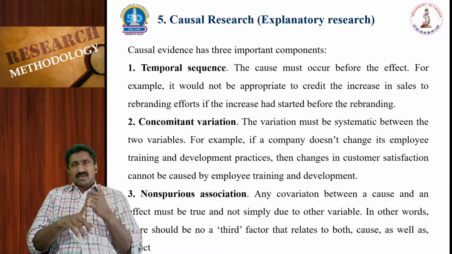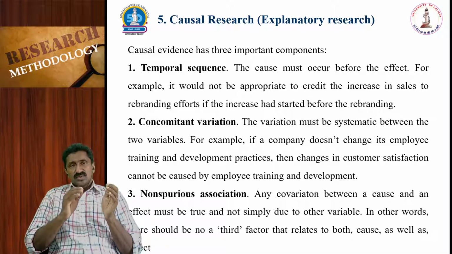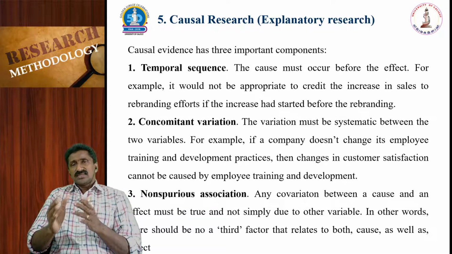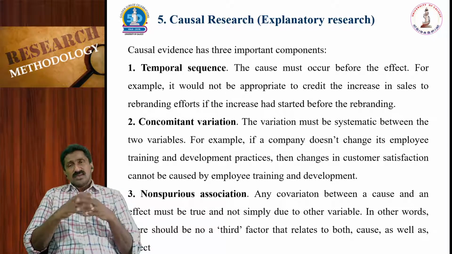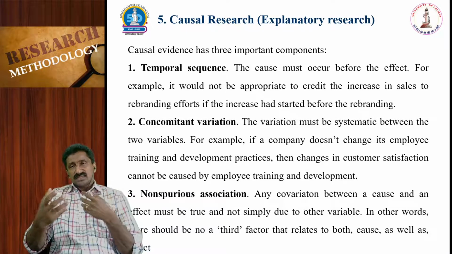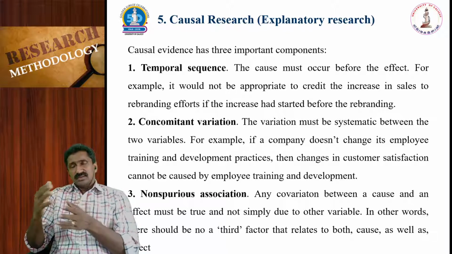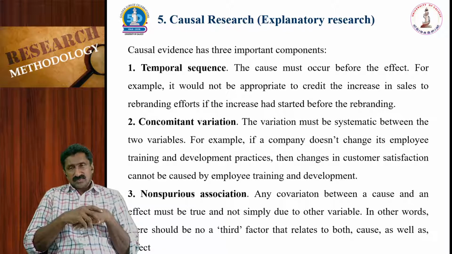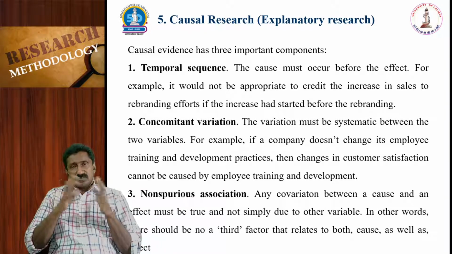For example, it would not be appropriate to credit the increase in sales to rebranding efforts if the increase had started before the rebranding. In this case, you are trying to see whether there is any relationship between increase in sales and the rebranding of the product. So there are two variables: increase in sales and rebranding.